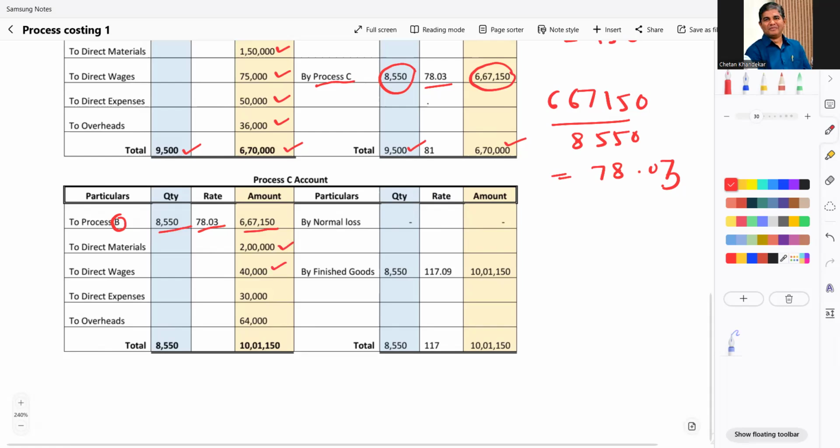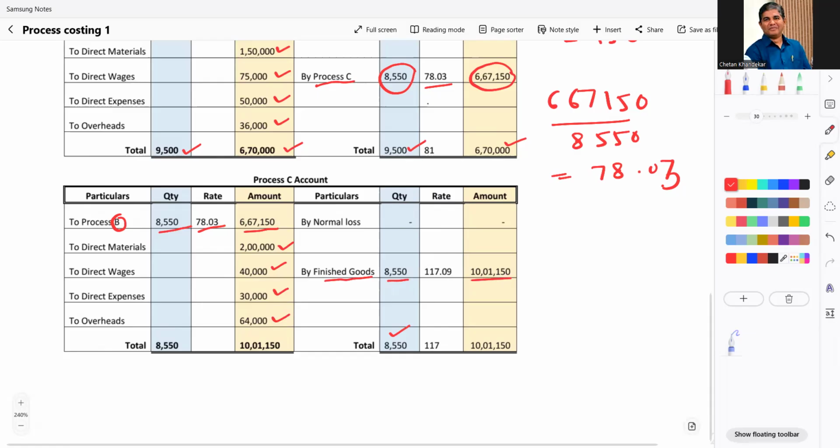Again, we post all these expenses on debit side, but there is no normal loss, so the complete production of 8,550 units is considered as finished goods, because once we complete process A, B and C, the goods will be considered as finished goods which can be offered for sale. So 8,550 units is net output and taking the total of debit side amount column, the amount comes to 10,01,150.